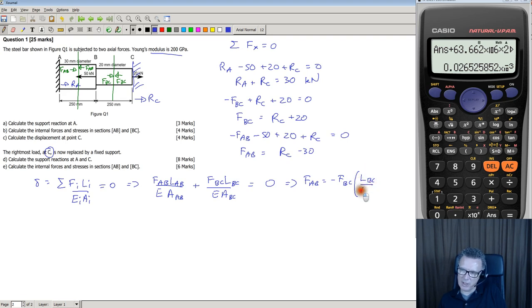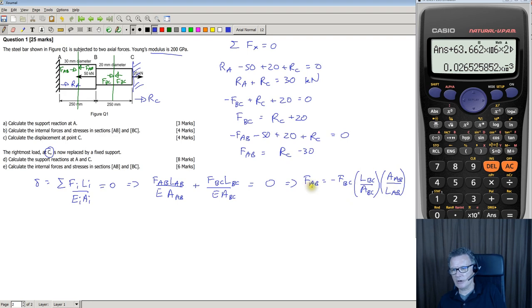These you can see will cancel. LBC over ABC, and then I'm going to take these, multiply them through, so you're going to get things to be just ratios, AB and LAB.